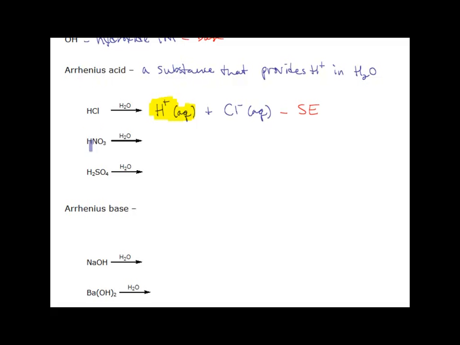HNO3, when you put it in water, it breaks up, it ionizes, and it dissolves to its component ions. Since it produces H+, it's an Arrhenius acid. And since it ionizes completely, it's also a strong electrolyte.